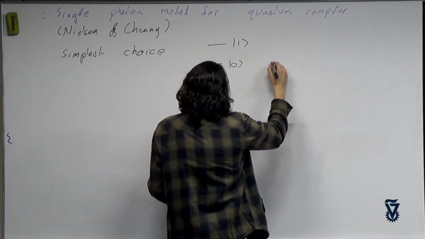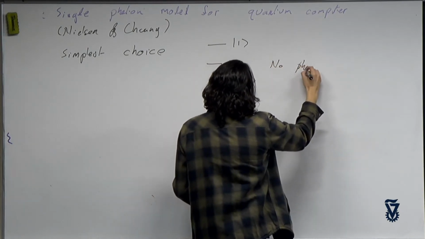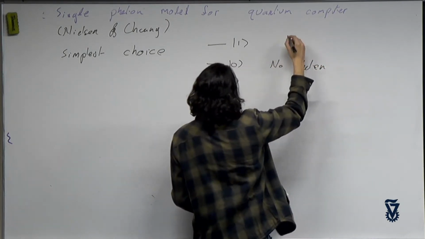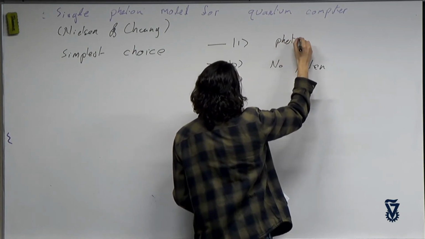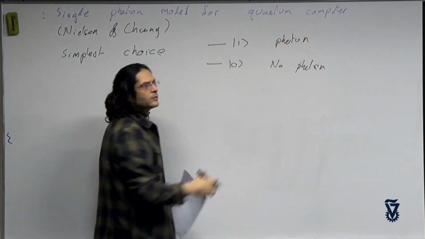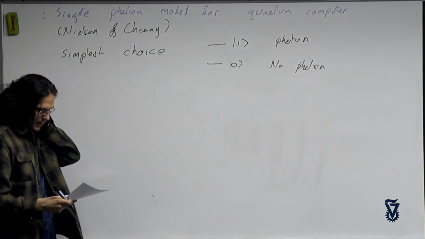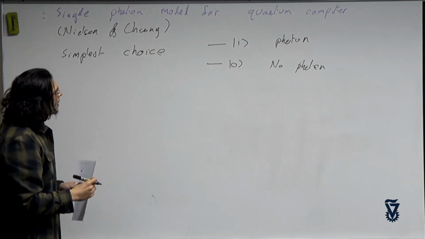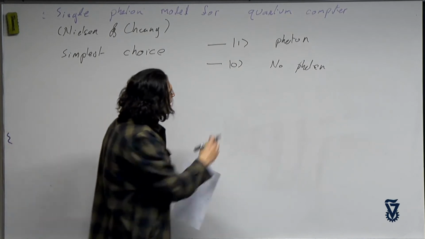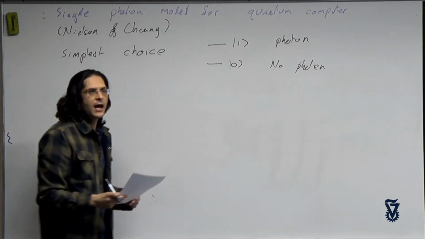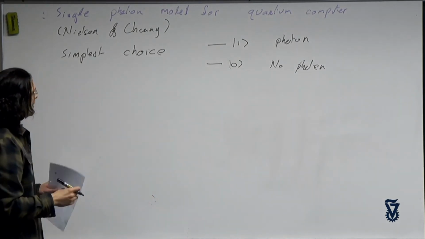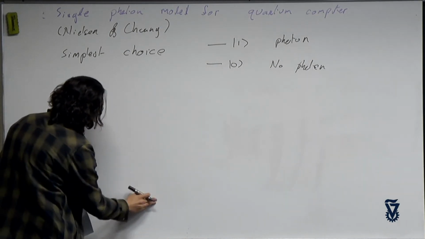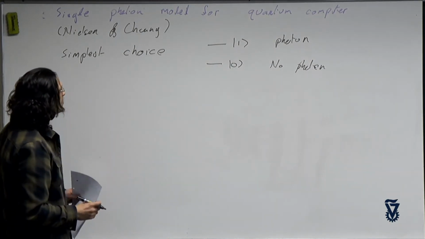The simplest thing is to take 0 as being no photon and 1 being just a photon. Okay, so 0 and 1, photon. And this first step, even this very simple first step, has a problem with it, which is easy to circumvent, but I'm just introducing it to show the problem with it.